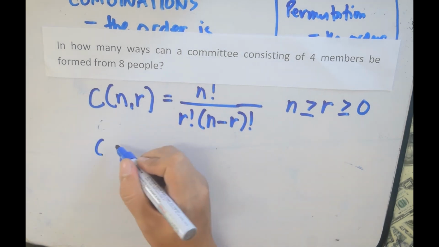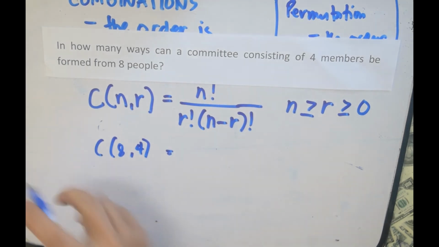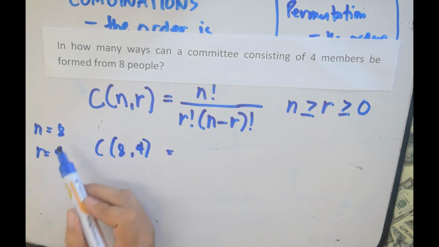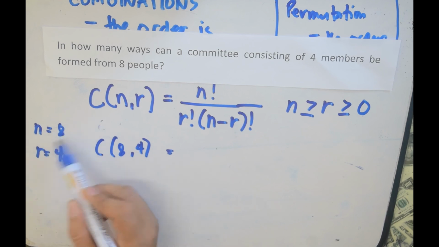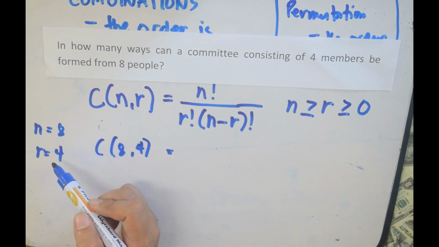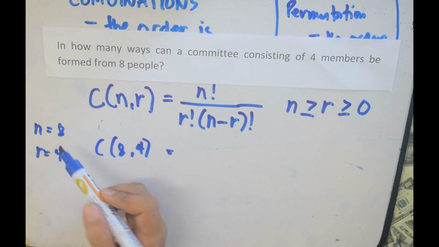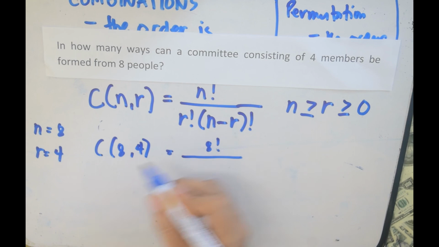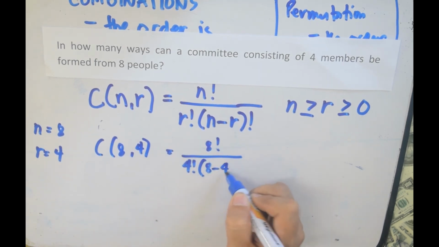So we have here a combination of 8 taken 4 at a time, since your n is 8 and your r is 4, because you are going to take 4 people in each committee from the 8 people. So we have 8 factorial over r, which is 4 factorial, times n minus r, which is 8 minus 4 factorial.